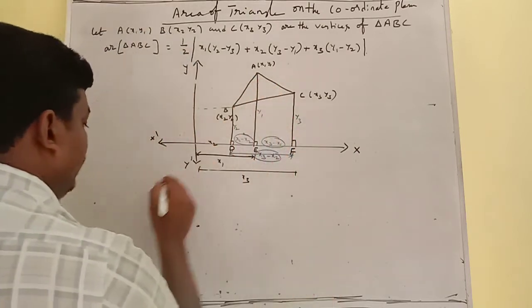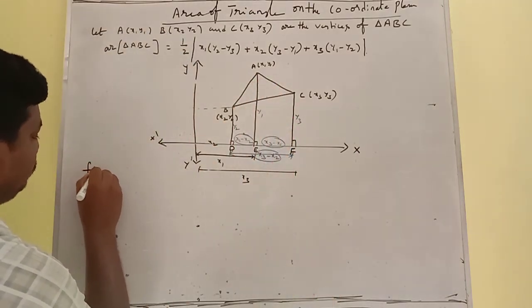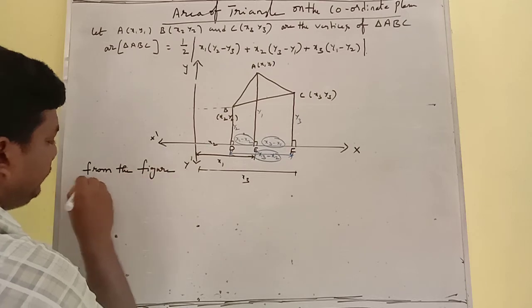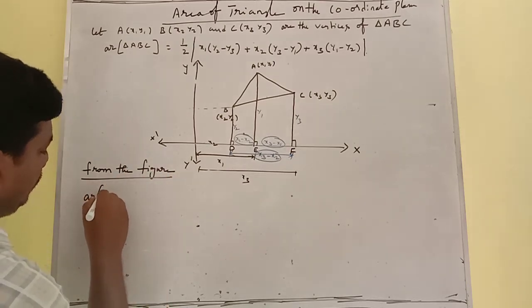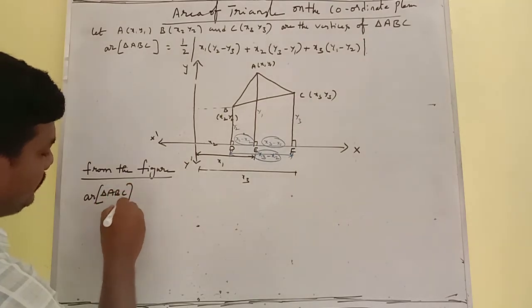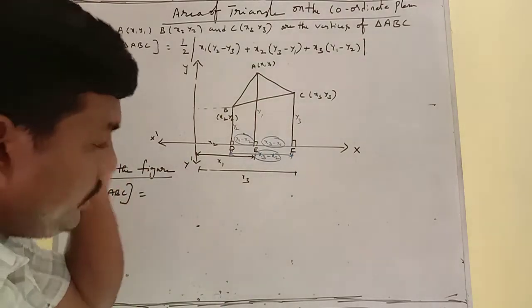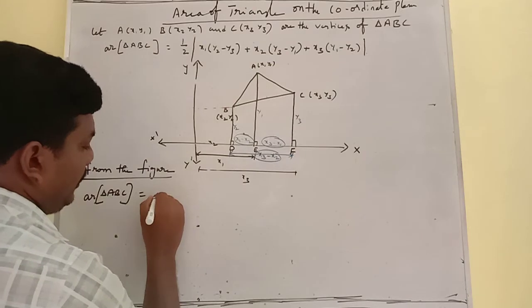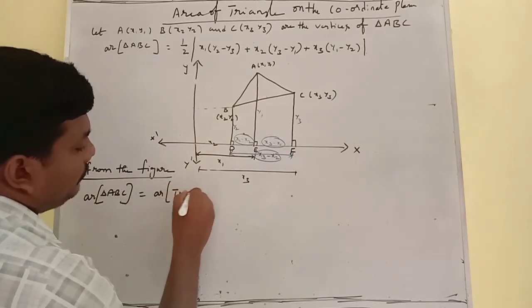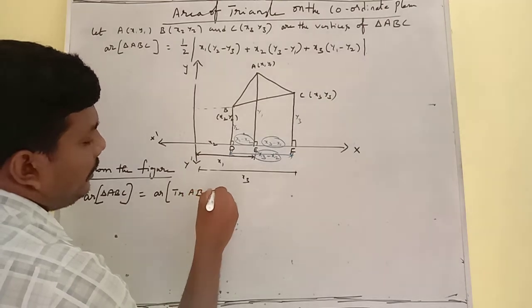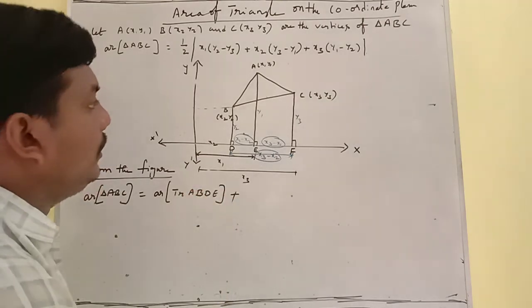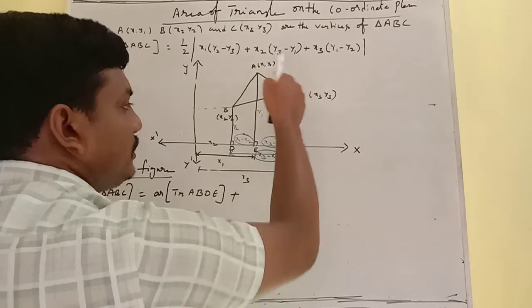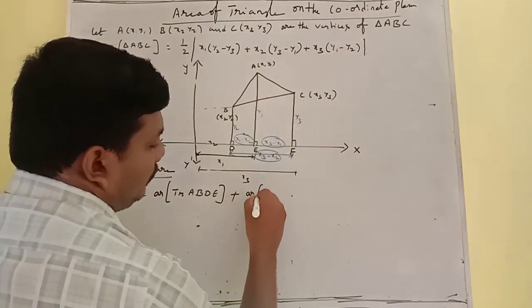From the figure, area of triangle ABC is equal to area of trapezium ABDE plus area of trapezium ACFE, or AEFC.